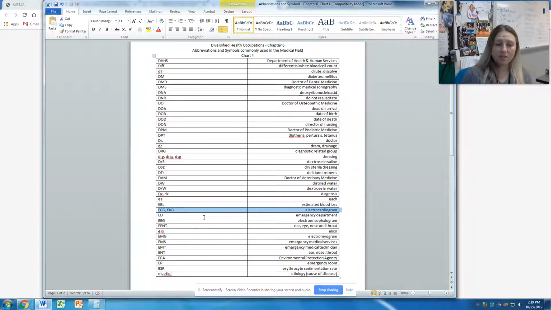ECG or EKG, this is electrocardiogram. The whole reason why there's a K is because in German, of all things, cardio starts with a K. So in English, it's C, like cardio with a C, right?